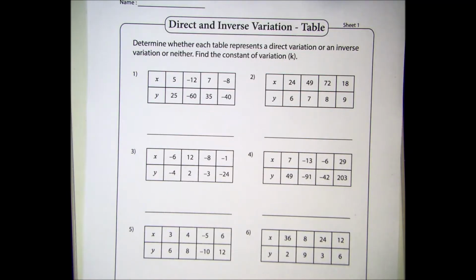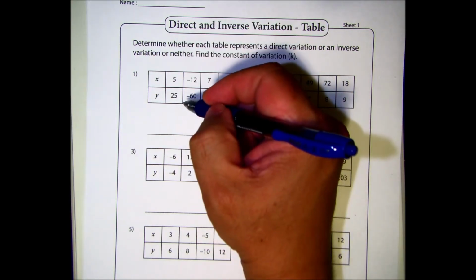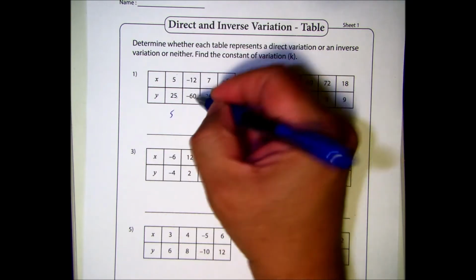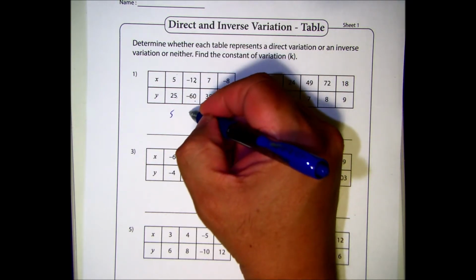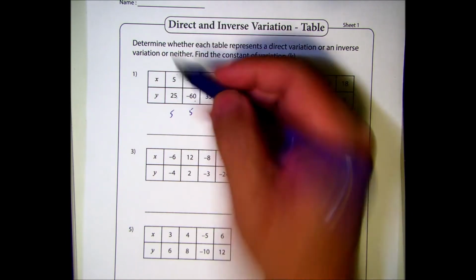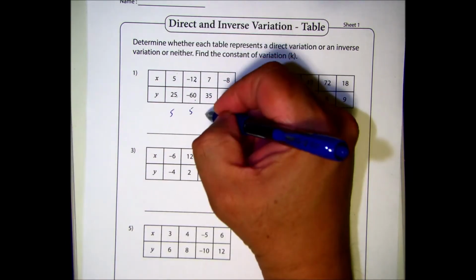And here. Now we want to determine whether a table is direct variation or inverse variation. To test for direct variation, the best thing to do is just divide. So 25 divided by 5 is 5. Negative 60 divided by negative 12 is 5. And I always divide y by x, or the second row by the top row. 35 divided by 7 is 5.